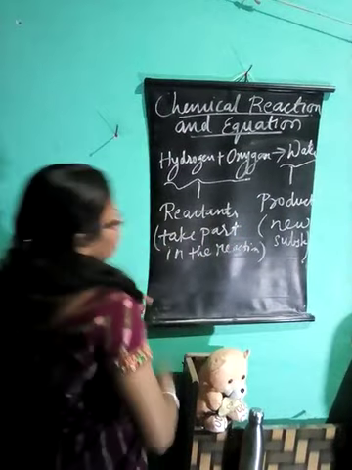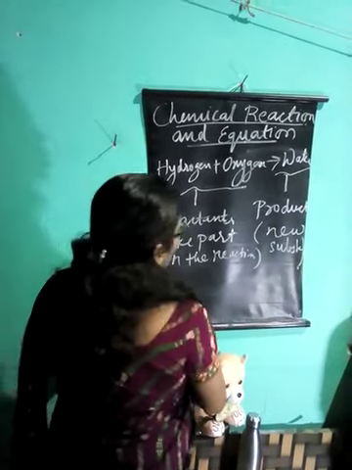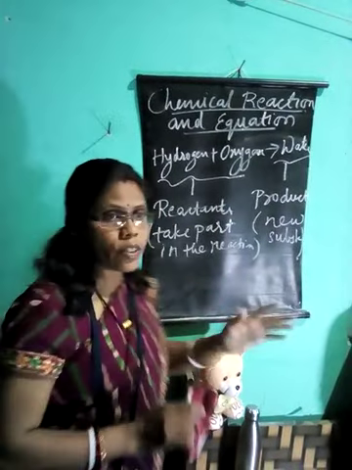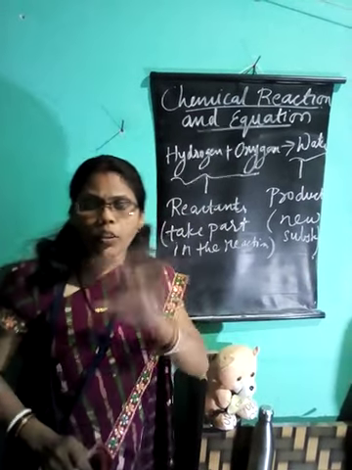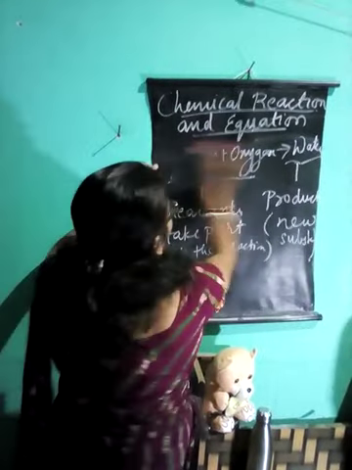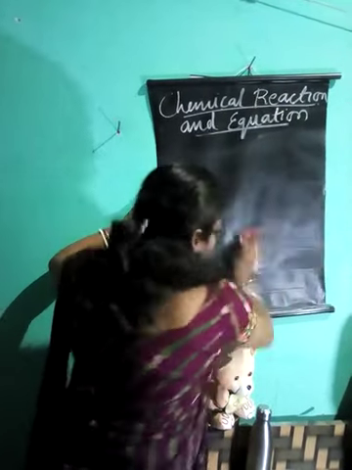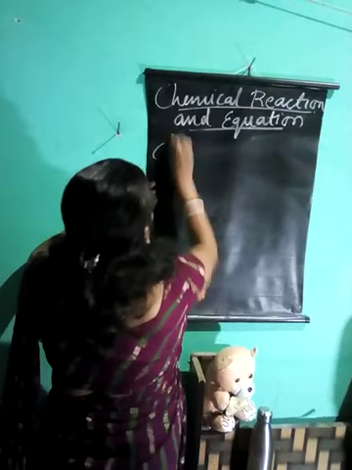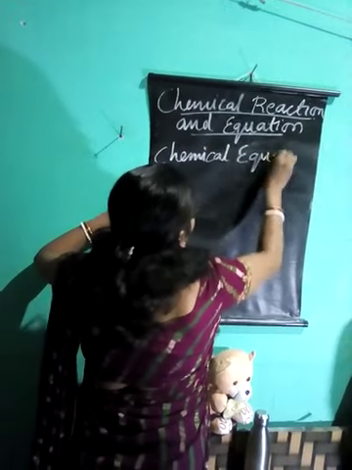Now, coming to the chemical equation. You have understood what is chemical reaction? Chemical reactions are the processes in which new substance is formed with new properties. Now coming to the next topic, that is chemical equation. What is chemical equation?